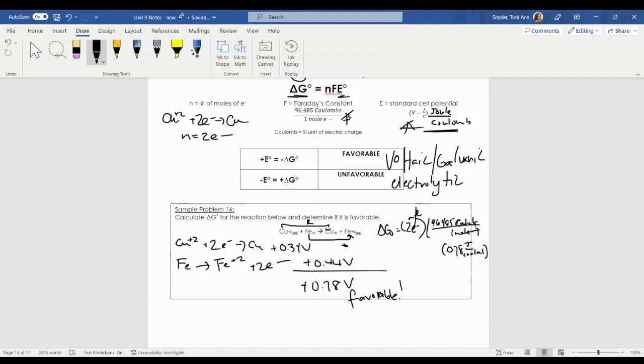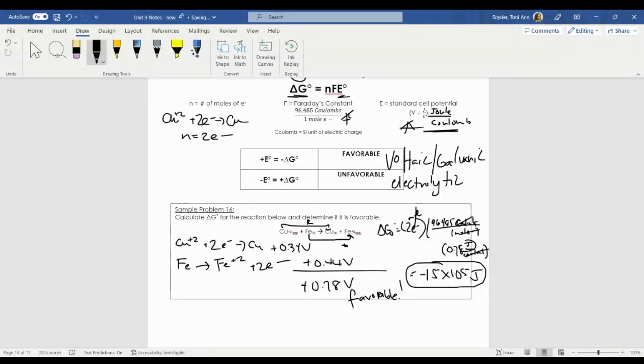So if coulombs is on the top in my Faraday's constant and coulombs is on the bottom of my voltage, I'm left with just units of joules. So if I solve for this, 2 times 96,485 times 0.78, I get a Gibbs free energy that's equal to negative 1.5 times 10 to the 5th joules, which is what we want.